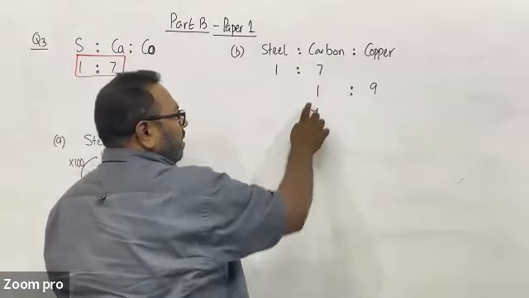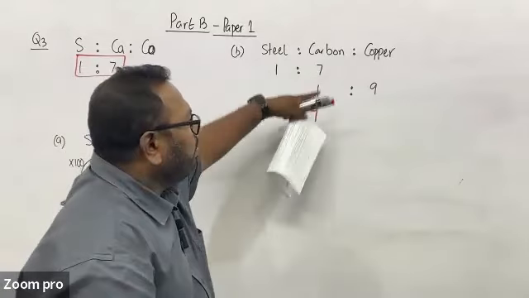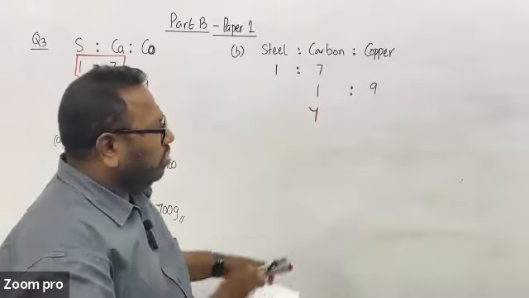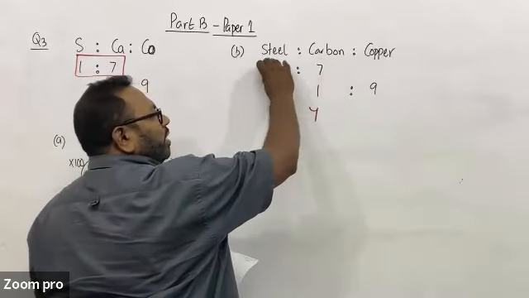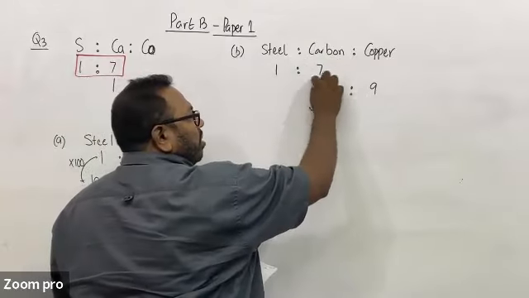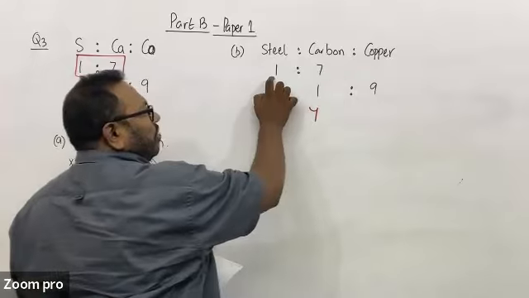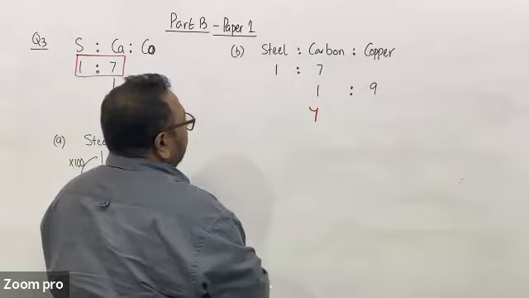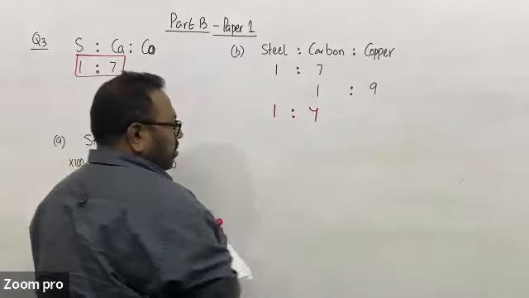So for 7 and 1, lowest common multiple is 7. 7 can be divided by 7. 7 can be divided by 1 also, without a remainder. Right. So this part of your ratio, 1:7, already we have 7 here. So we stay with the ratio for steel as 1. Okay. So steel is equal to 1.